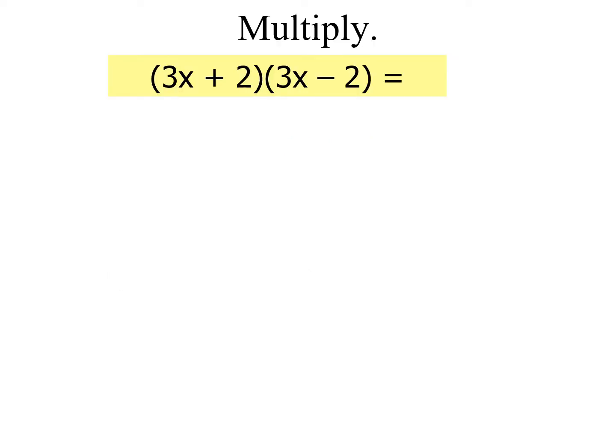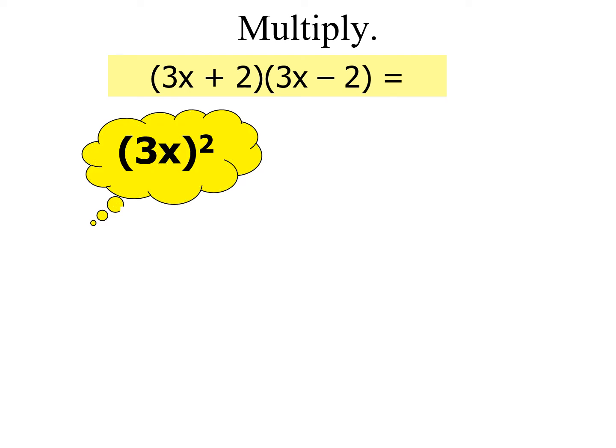Now, let's have our second example. Multiply the quantity of 3x plus 2 times the quantity of 3x minus 2. Now, in this case, we have two identical terms, 3x and 2. And remember the pattern. We have to square the first term first. Okay, so we have here 3x squared, the quantity of 3x to the power of 2, and that is 9x squared.